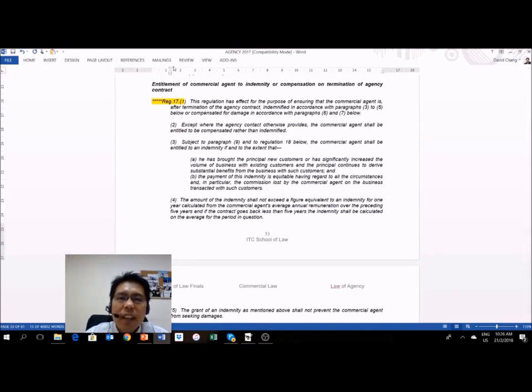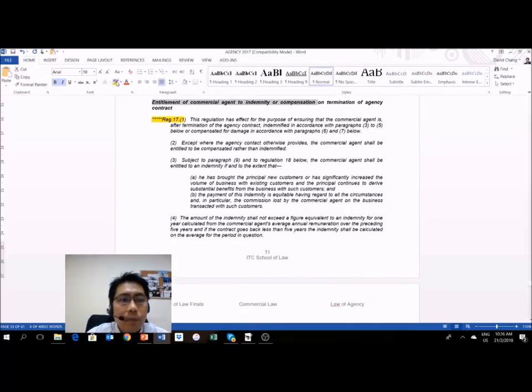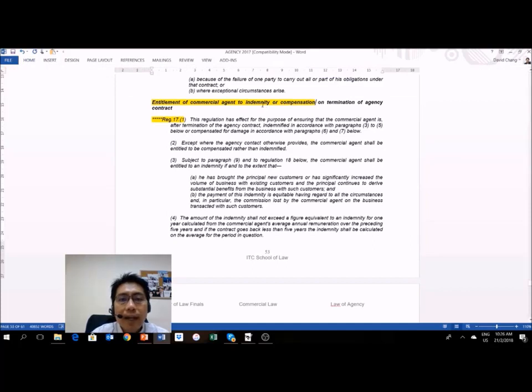And you find that, as the title suggests, there's this right given to a commercial agent to receive either indemnity or compensation. But these two rights, indemnity or compensation, are rights he has upon termination of the agency contract. In other words, this is a case where the agency has ended.